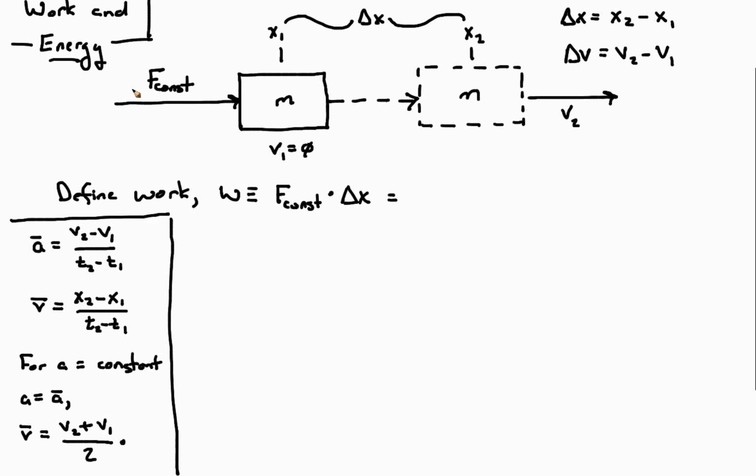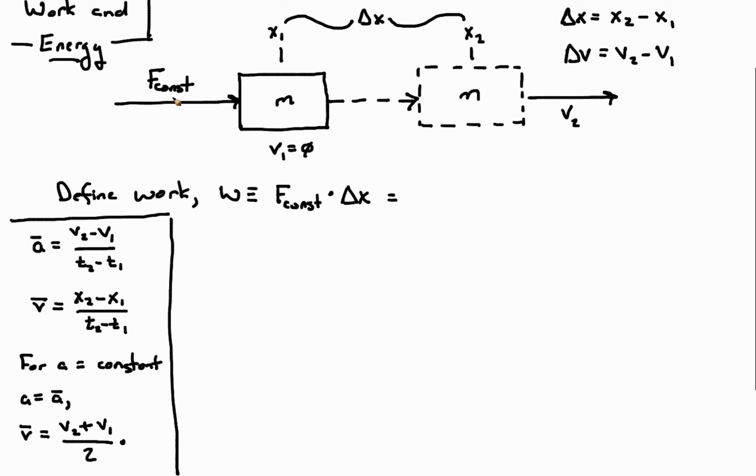We're going to think of the simplest system that we can imagine: we've got a mass. You can imagine this as sitting on a frictionless surface, so there's no friction. You can also imagine this as being out in space, so there's no friction and no gravity, no other forces acting, just this constant force. That's the only one acting on the mass. We apply the constant force, and we start with the mass at position x1.